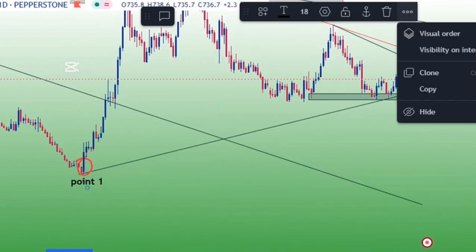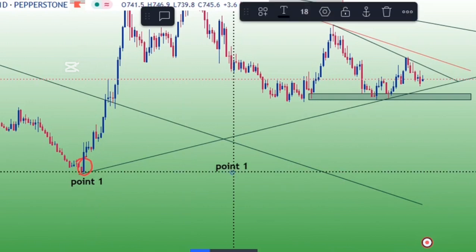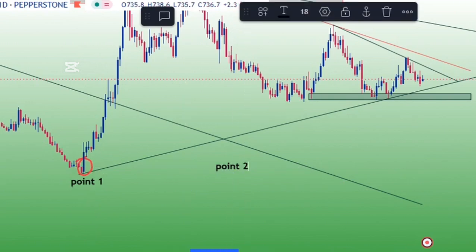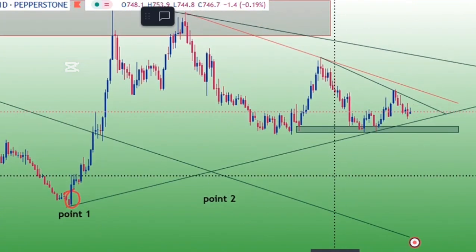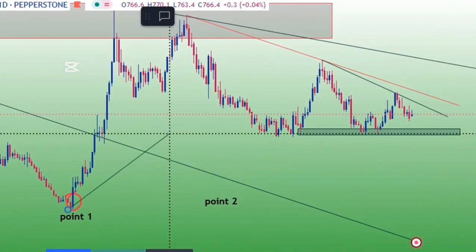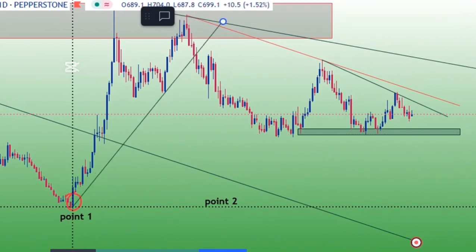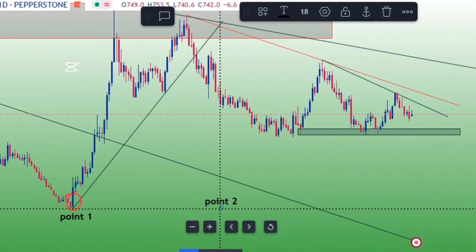So whenever I see that my support trend line is breaking, it means I am bearish. And whenever my resistance trend line is breaking, I know that I am bullish. So that's how it works for me. That's how I do it.